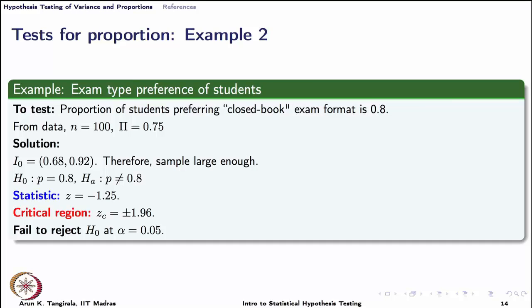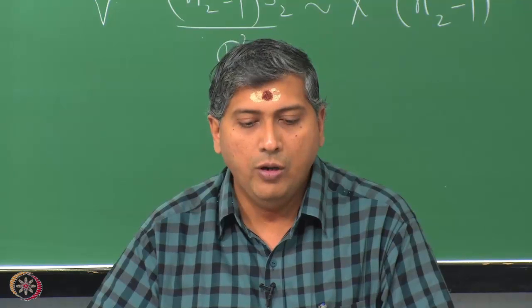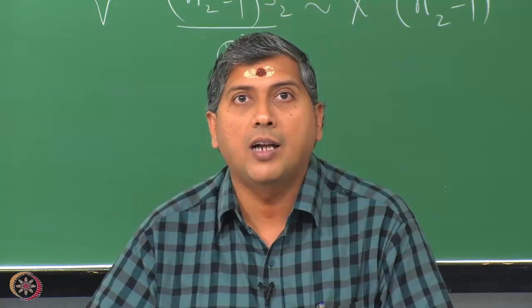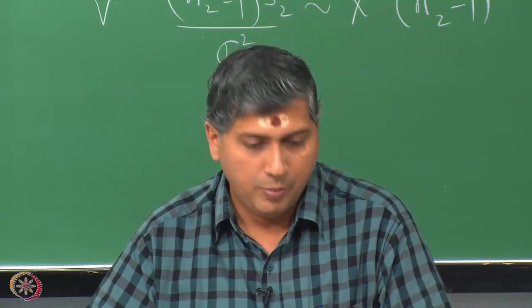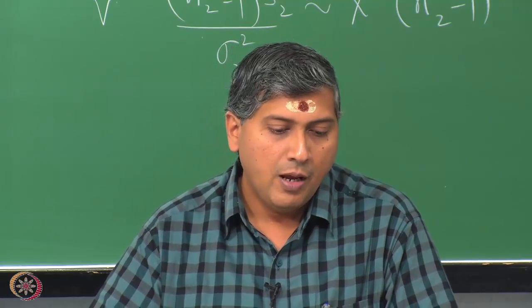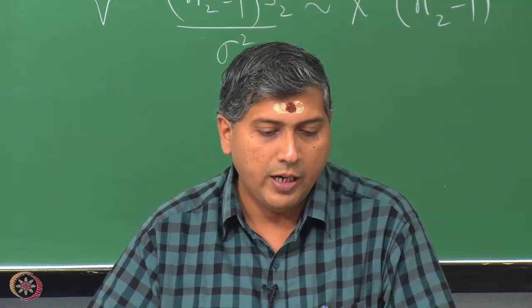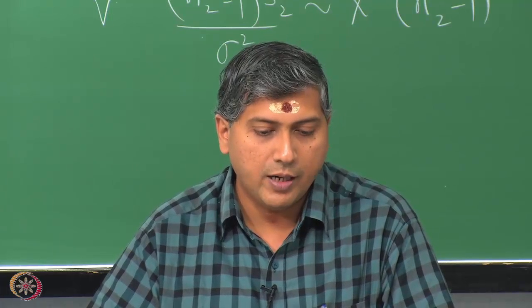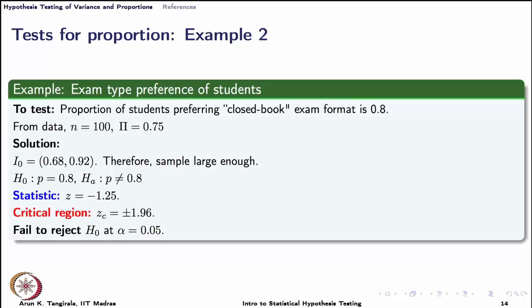The sample size is 100. Once again, we do not know if the sample size is large or small for the postulated proportion, so we construct that interval, and once again this interval does not include 0 or 1. Therefore, we say that the sample size is large enough for the postulated proportion. And now the alternate hypothesis, as we have mentioned before, is that p is not equal to 0.8.